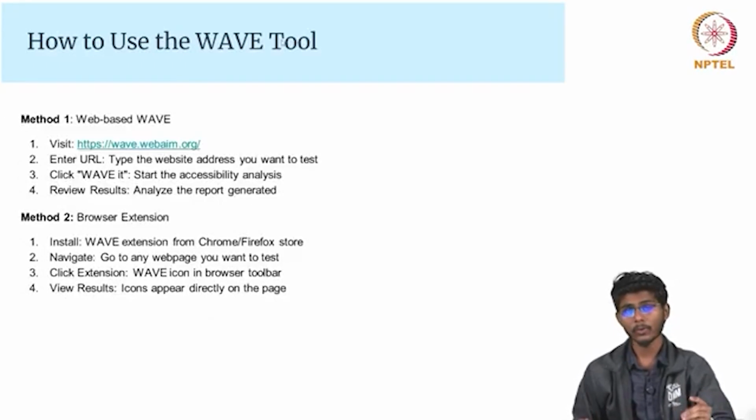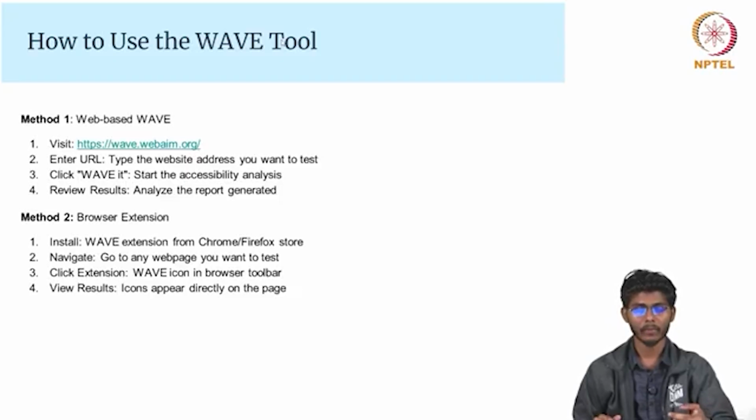So how to use this Wave tool? There are two methods, as I mentioned. It can be installed in multiple ways. One is that we can visit wave.webaim.org, where we can paste the URL of any web interface that we want to analyze, and then click Wave It to start the accessibility analysis.